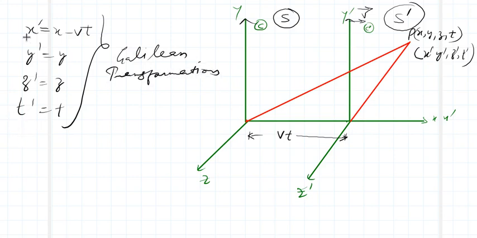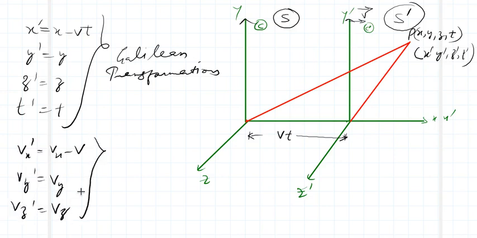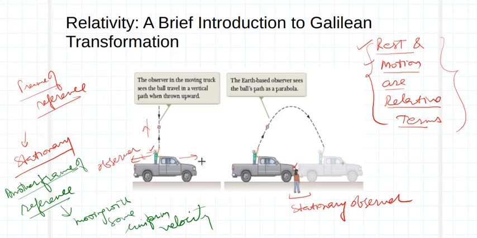If I take the derivative on both sides, then Vx prime must be equal to Vx minus v, Vy prime is equal to Vy, and Vz prime is equal to Vz. These are also known as the Galilean transformation, but for the velocity. Now, let me come back again to this diagram.